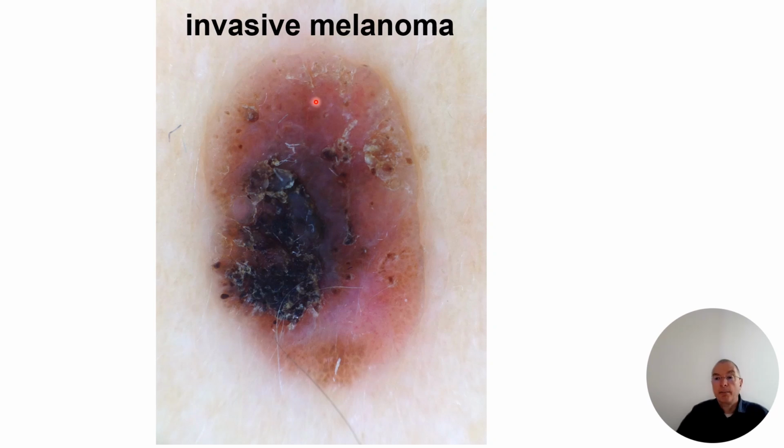Or here, pink colors. Pink color is always an alarm sign. When we see it in a lesion, always exclude melanoma and then look for the specific dermoscopic features for melanomas, which we will come to in the next series.